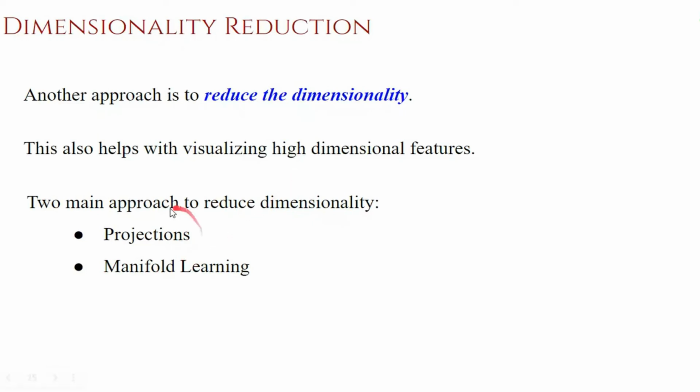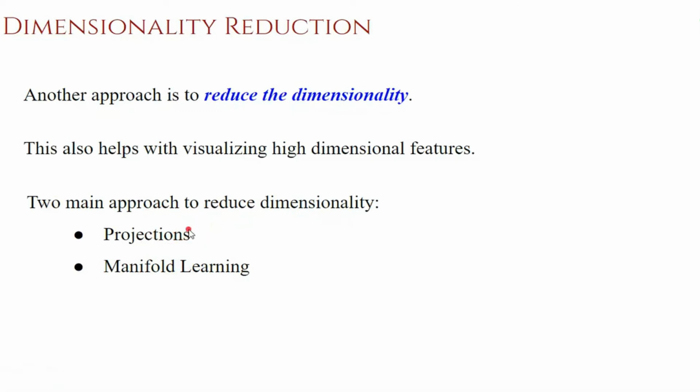Projection is a statistical approach to reducing the dimensionality. Manifold-based learning such as t-SNE uses a probabilistic approach to reduce the dimensionality. It essentially tries to preserve the probability distribution of the data, and it tries to minimize an objective function called the Kullback-Leibler divergence. So that is the idea with manifold learning. With projection, we are dealing with purely statistical approaches, and it is more robust.